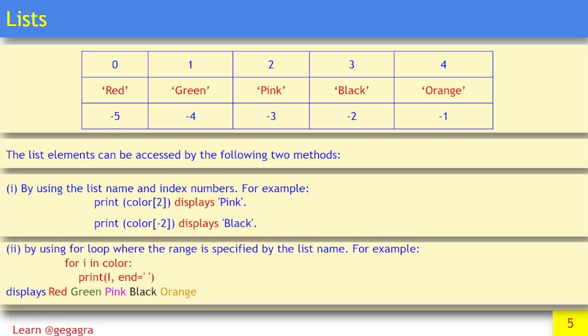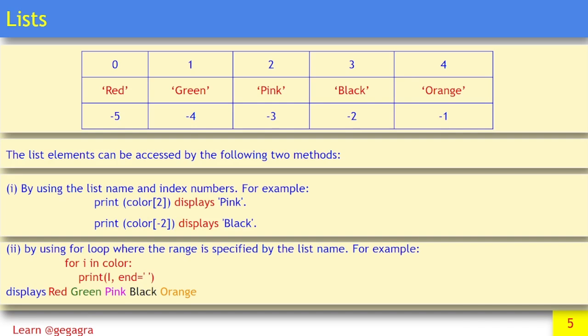The second method is the for loop, where the range is specified by the list name. For example, for i in color: print i. Here color is the list and i is the object. I will take the value from the color object.